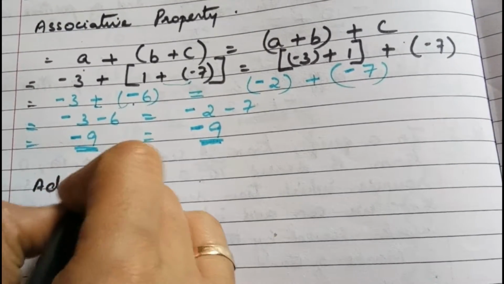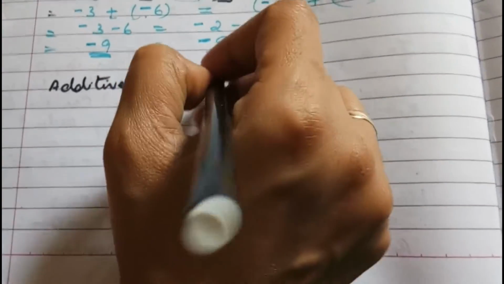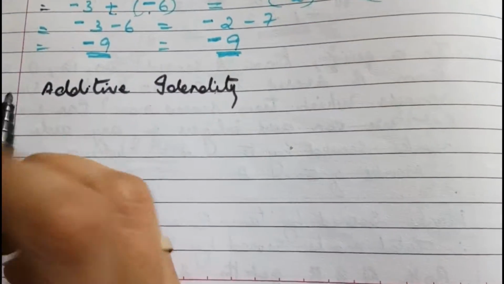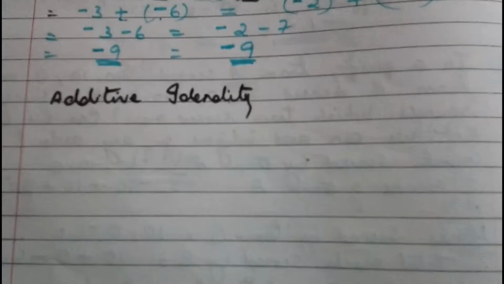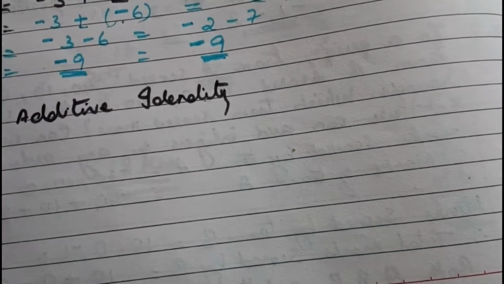Last but not the least, we need to understand the additive identity. Now what do you mean by additive identity? Additive identity states that when we add 0 to a whole number, we get the same whole number.